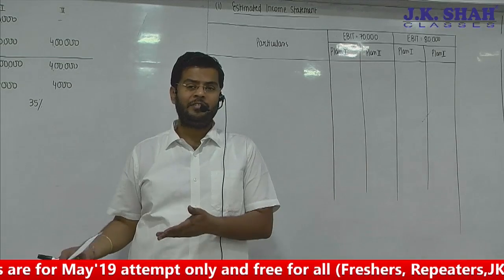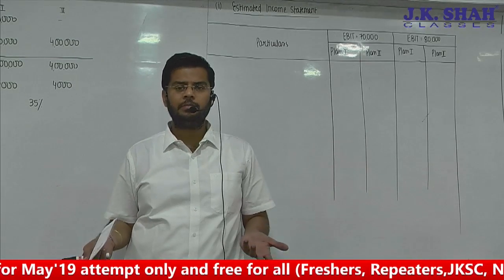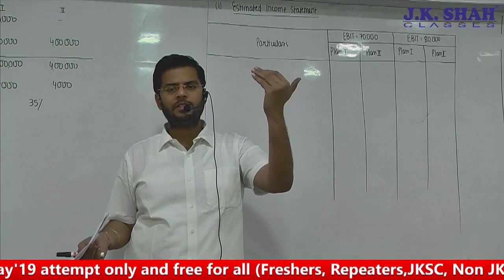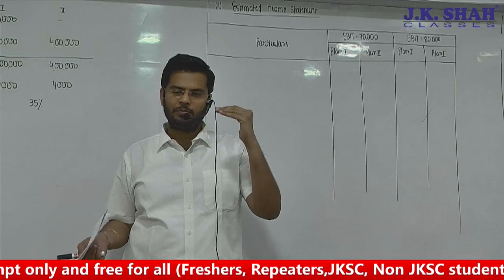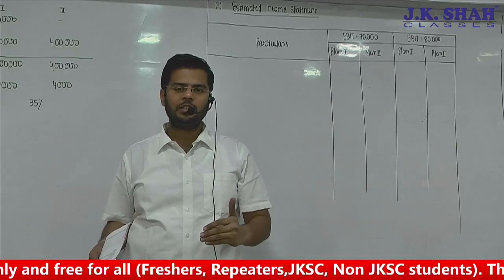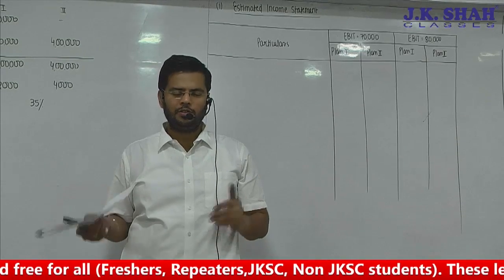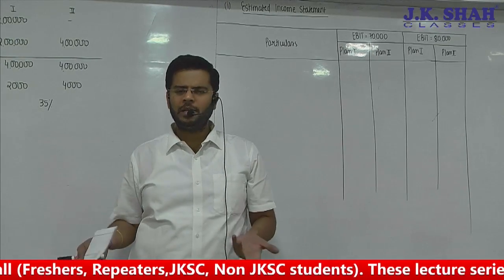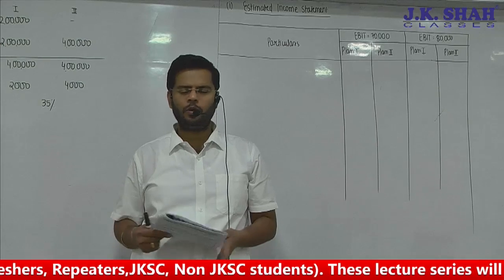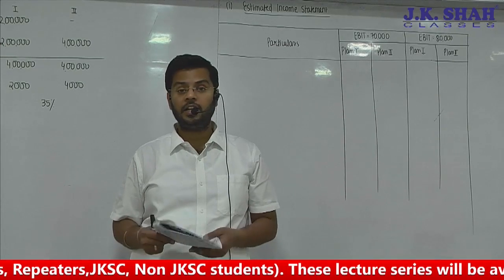In the chapter on leverages, we learned an income statement which starts from sales and ends at EBIT for operating leverage, and starts from EBIT and ends at EPS for financial leverage. Now, since my whole focus is just to compute EPS, if the question gives me information from EBIT onwards, I can definitely go ahead with that.